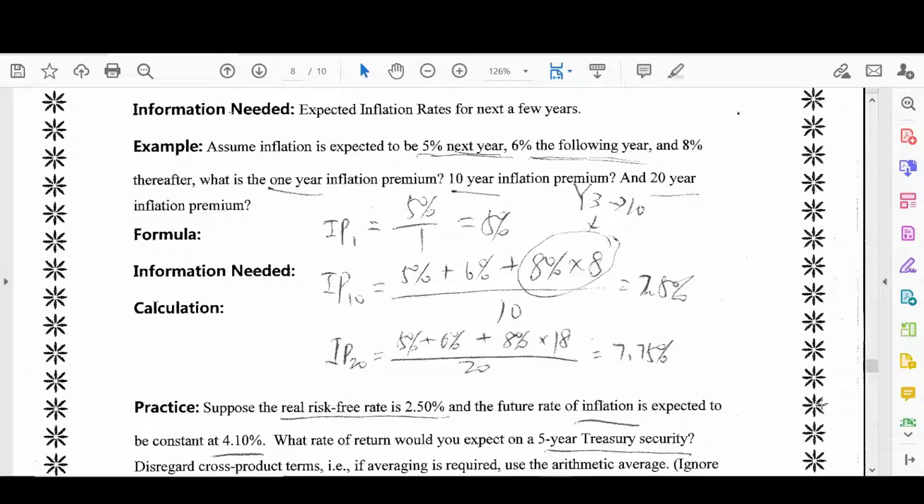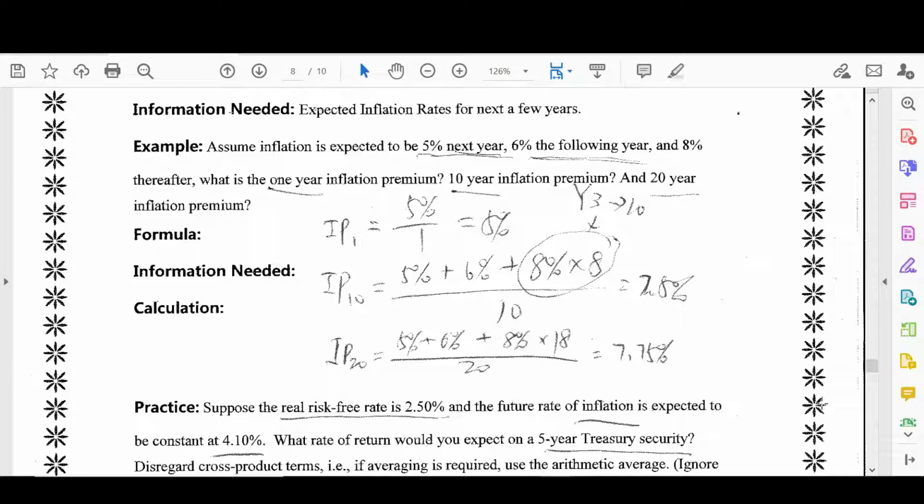And then we talked about some risk premiums, including inflation premium, IP, market risk premium, MRP, default risk premium, DRP, and liquidity risk premium, LP.